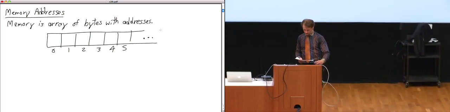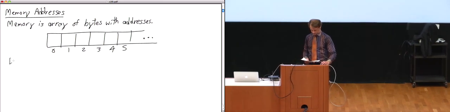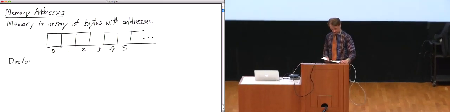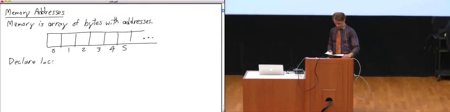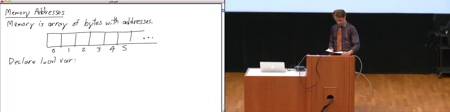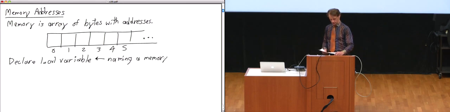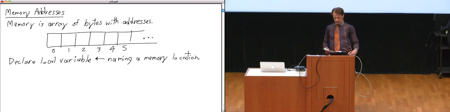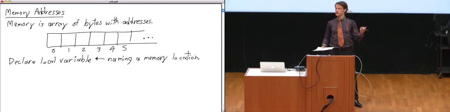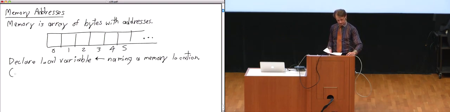When you declare a local variable, what that means is that you're naming a memory location. Now, you get to pick the name, but Java picks the address for you.